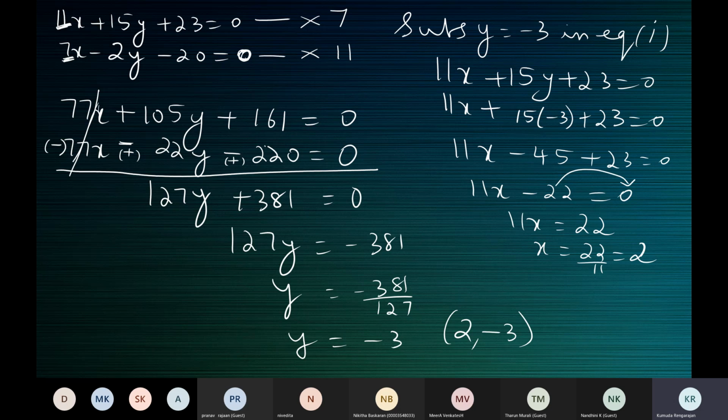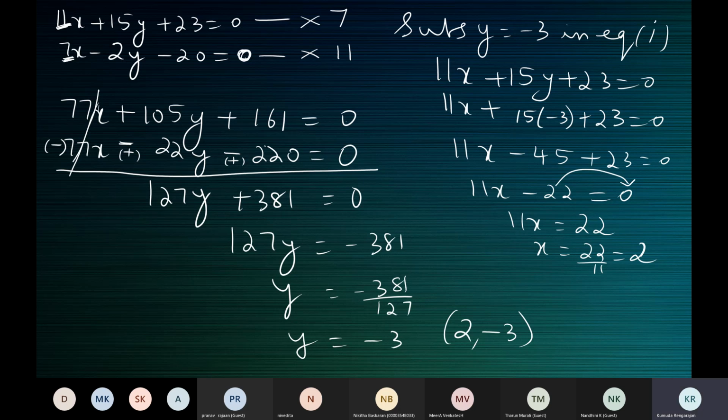Who can tell me what have we done here? We have eliminated the x or y? X, ma'am. We have eliminated the variable x here. Earlier working, we eliminated y. So sometimes you have to add the two equations, that is, you will not change the signs of the second equation.